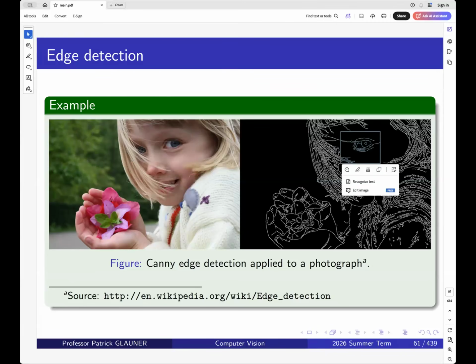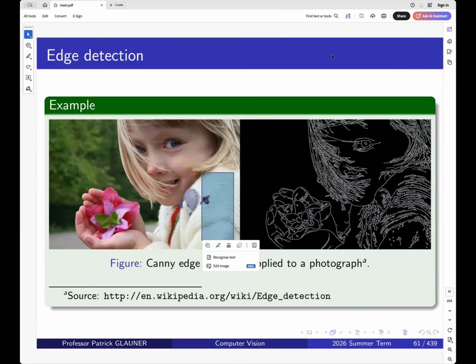The eye looks fine. I think the hair looks largely okay. Obviously, the clothes here, that's tricky. The flower looks okay. But you also get some artificial edges, or some that we wouldn't see as an edge. For example, this one here comes from here. So this is in the middle of the finger.